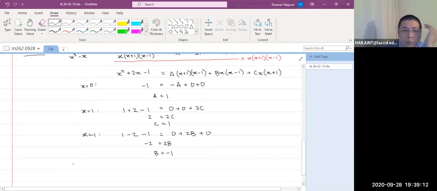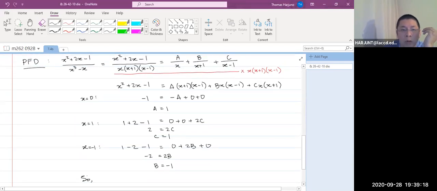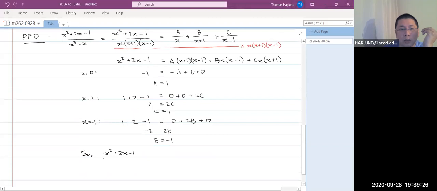So x squared plus 2x minus 1 over x times x plus 1 times x minus 1 is equal to a over x.